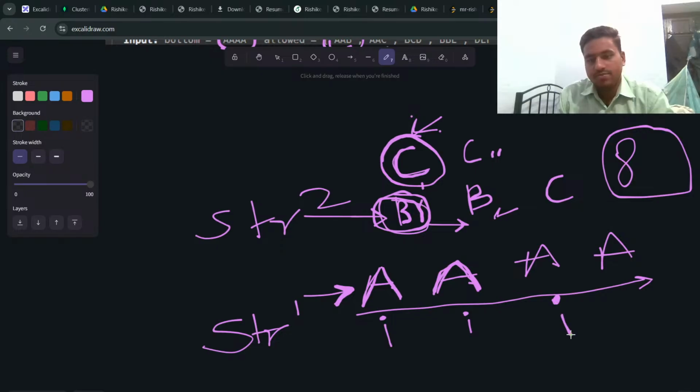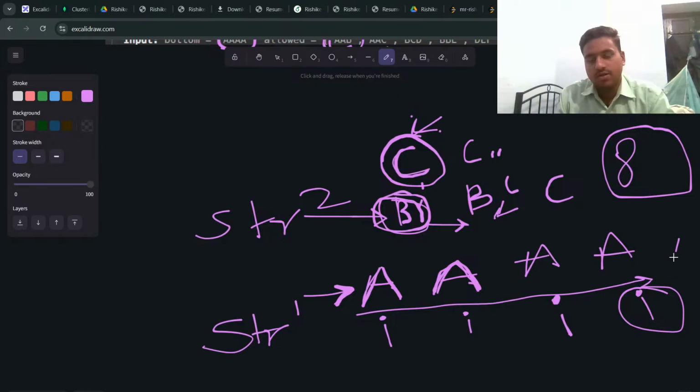Then again make a str, again put B in the str or C in the str, and again increase I.